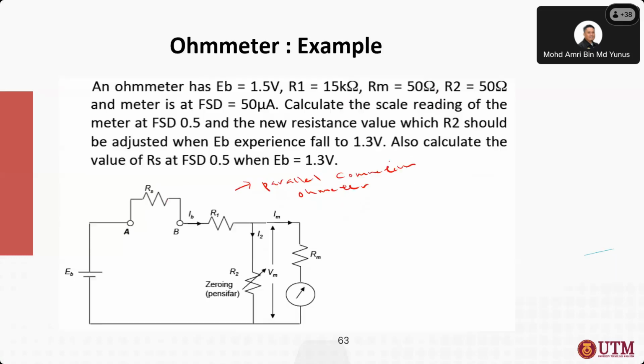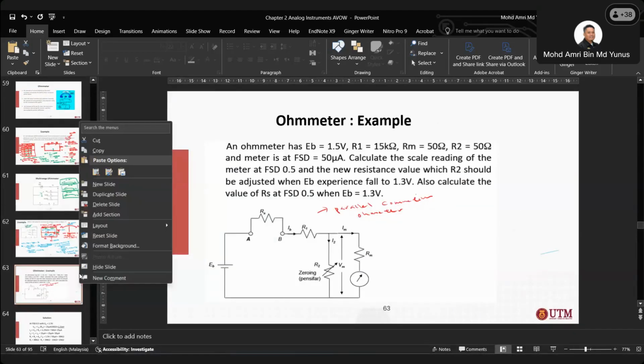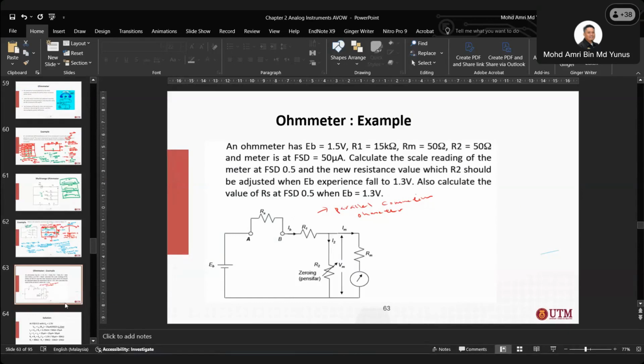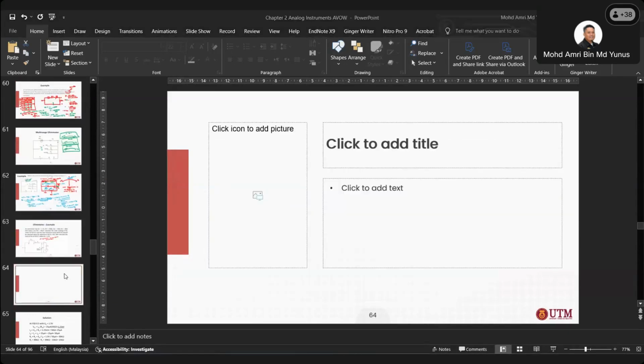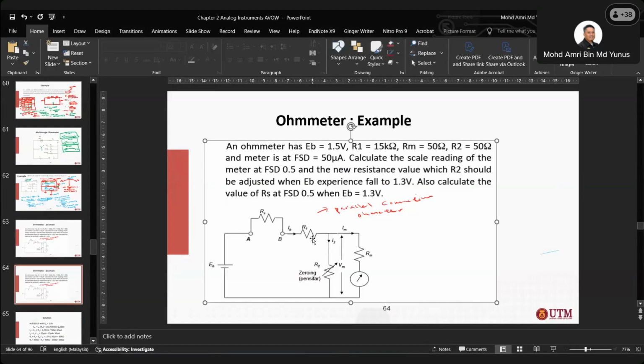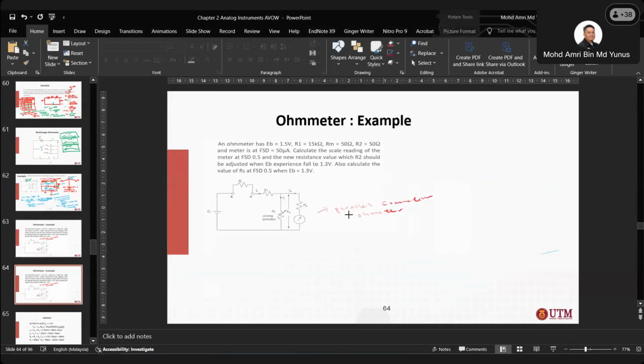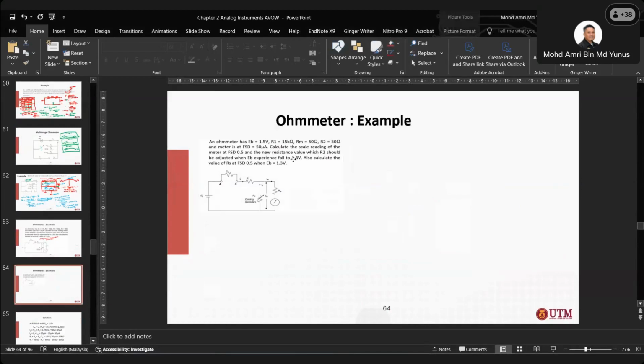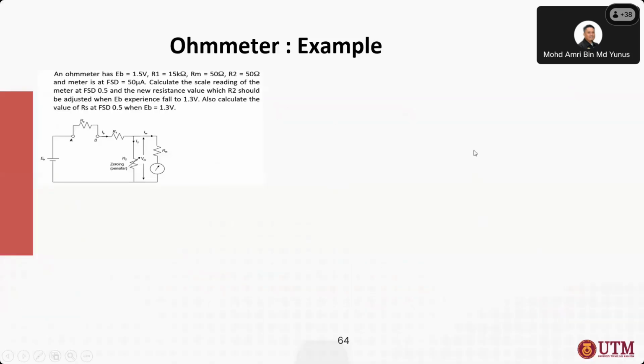As you can see, this is an ohmmeter with a power supply of 1.5 volts.